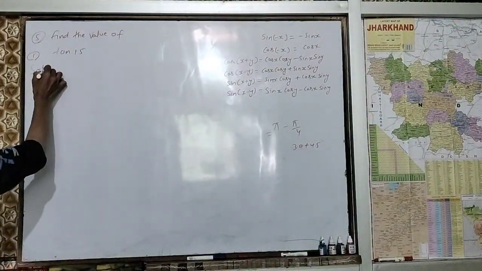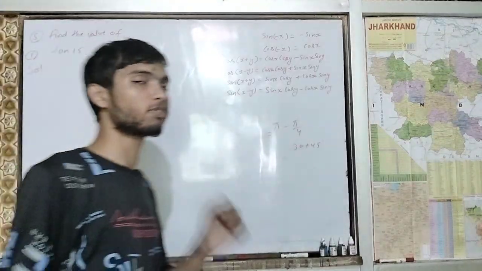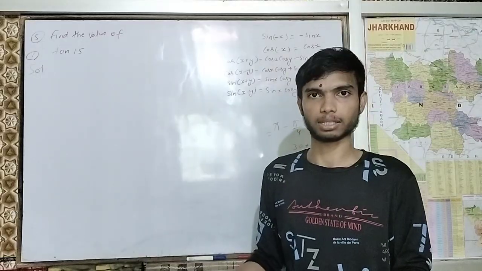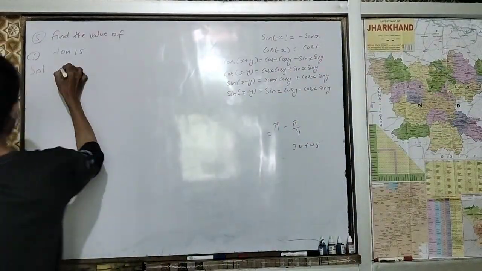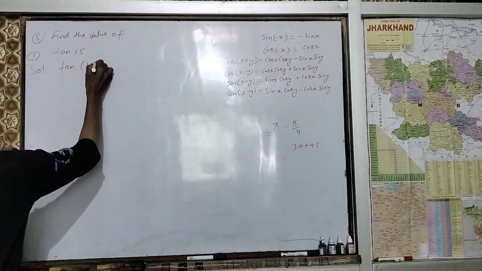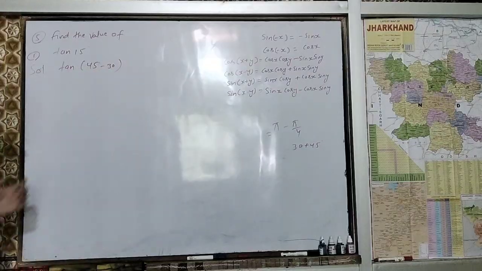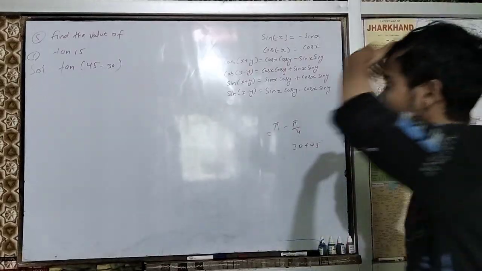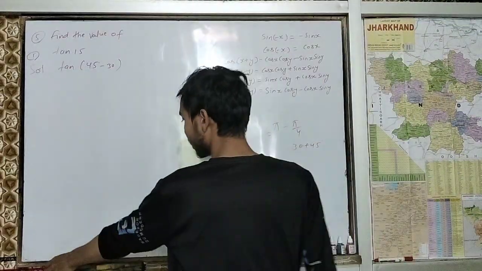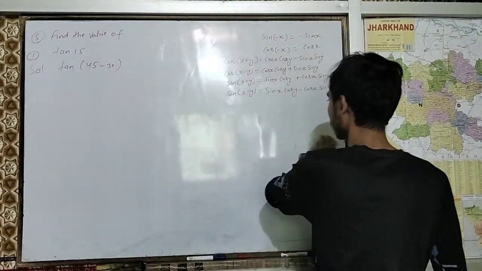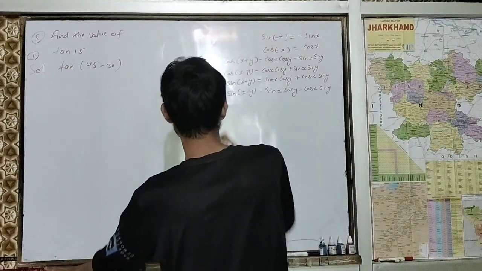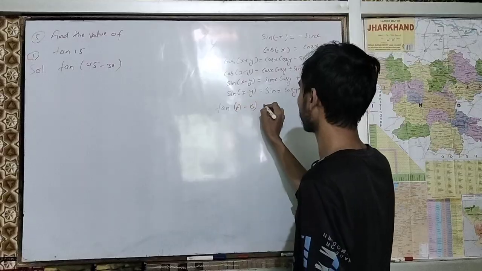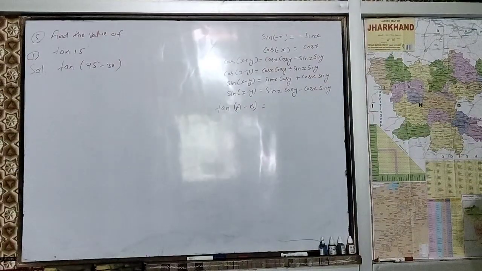Now here it is nothing but the difference of two angles, which are 45 minus 30. Let's say tan of 45 minus 30. So here we will use the trigonometric identity of tan a minus b. Clear?